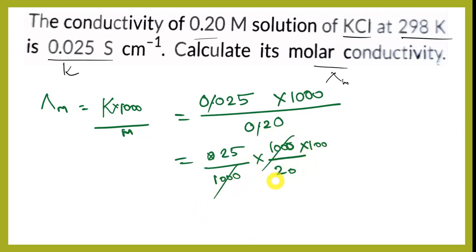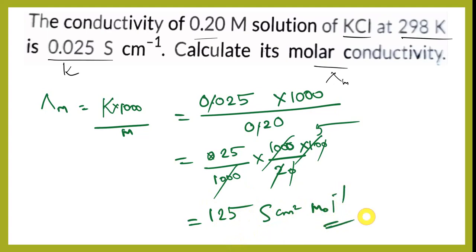The zero gets cancelled here, so 2 into 5, right? Finally 25 into 5 is equal to 125. So 125, write the unit as it is: Siemens centimeter square per mole, right? So this is the answer.